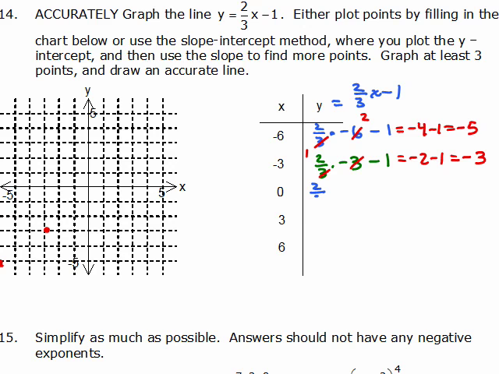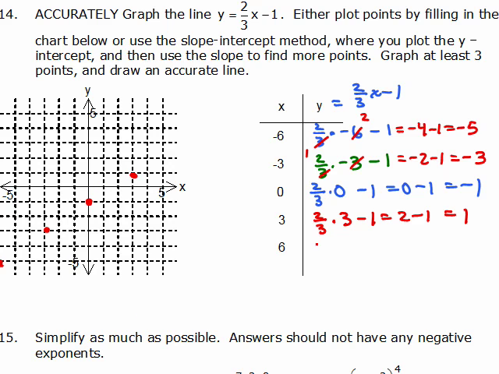So 2/3 times 0 minus 1, 0 minus 1 is -1. So we have (0, -1). It's right here. And I can see that I'm getting a straight line. And you could keep going. 2/3 times 3 minus 1 is 2 minus 1, or 1. That's (3, 1).